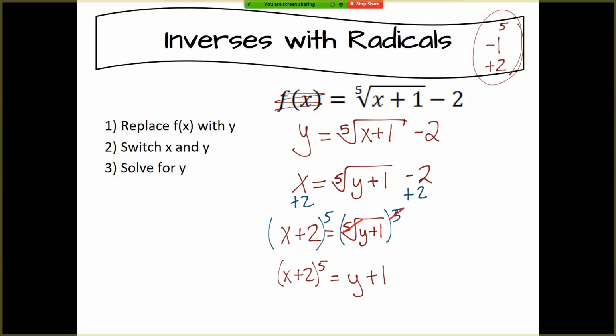One last step to get y by itself. I'm going to subtract 1 from both sides. So y equals x plus 2 in parentheses to the fifth power. The minus 1 hangs out at the end.